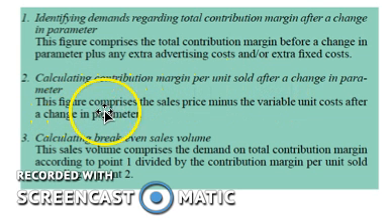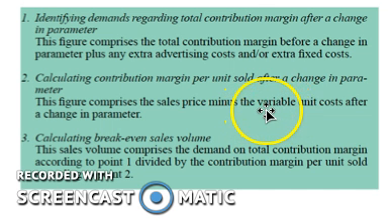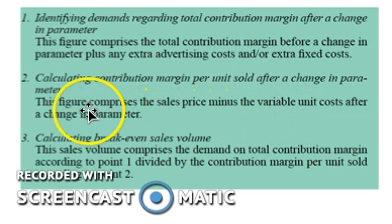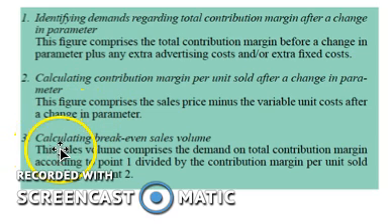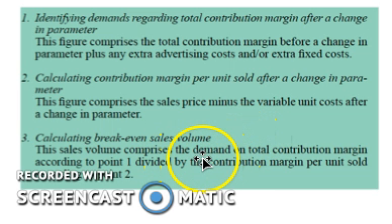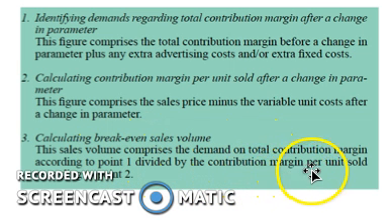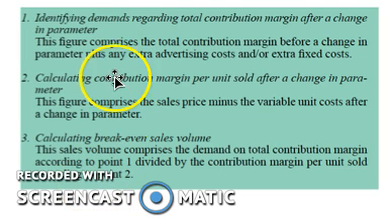The figure comprises the sales price minus the variable unit cost after a change in parameter, if the price changes. Third, calculating break-even sales volume. This sales volume comprises the demand on total contribution margin according to point 1 divided by the contribution margin per unit sold according to point 2.